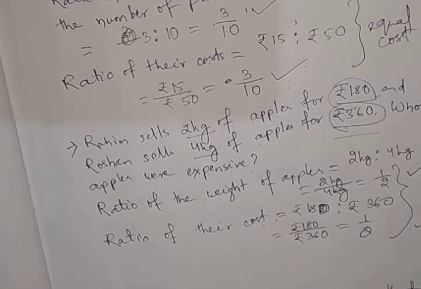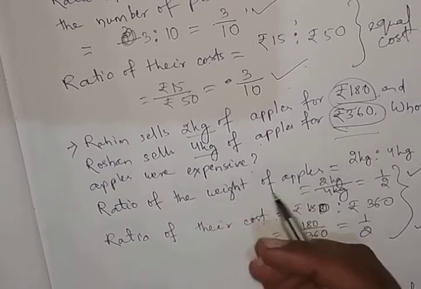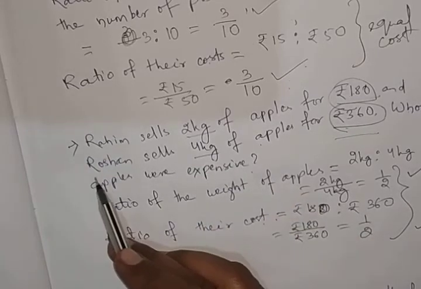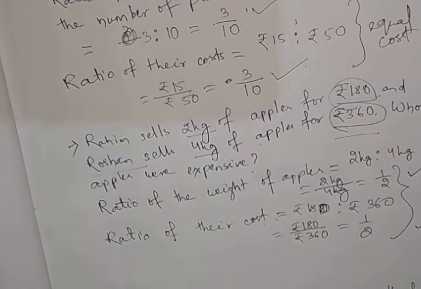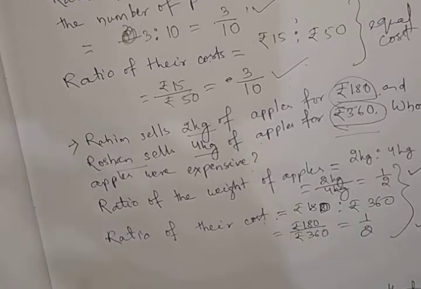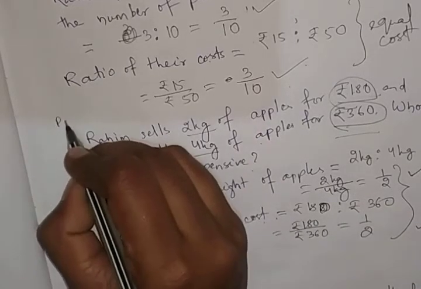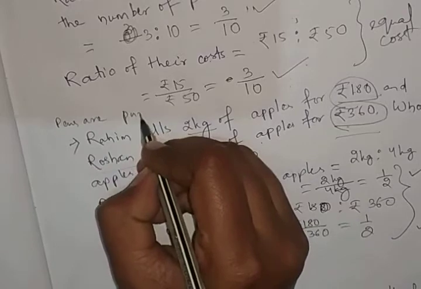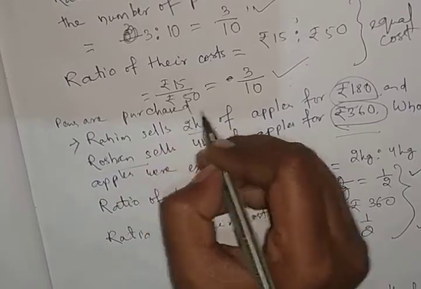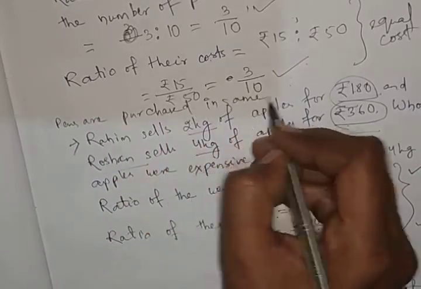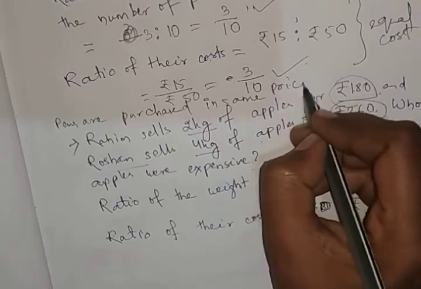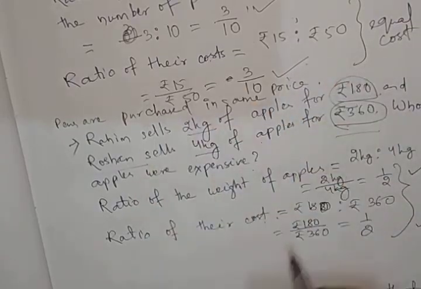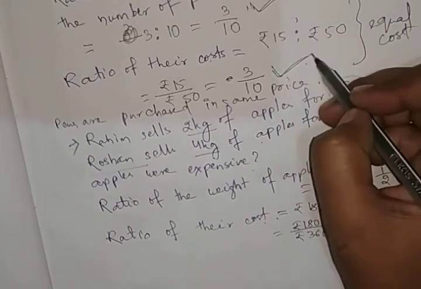These two are the same ratio, which means neither Rahim's nor Roshan's apples are expensive; both have the same cost. So here the pens are purchased at the same price. None of these is expensive, because both have the same price. Why? Because both have the same ratio.